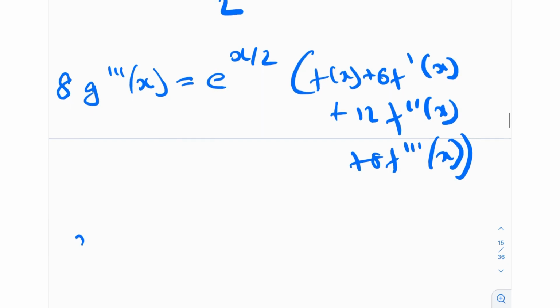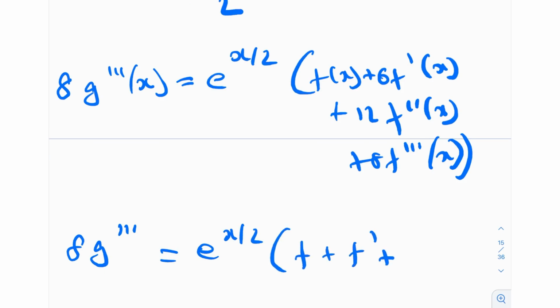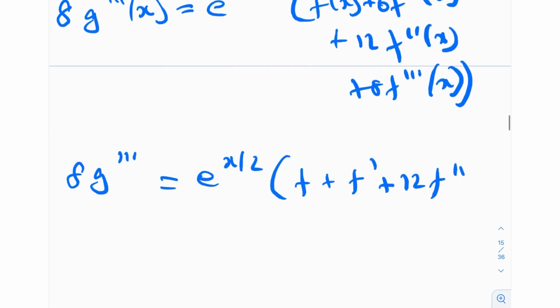What does that mean? So 8g, the third derivative of this, is e raised to x by 2 times f plus 6f prime plus 12f double prime plus 8f triple prime. And that is what we need to do. So this is the purpose of choosing this g, right? When you differentiate it thrice, you should get something of the form that was given to us in the question. Right? This long form that we see on the right hand side.